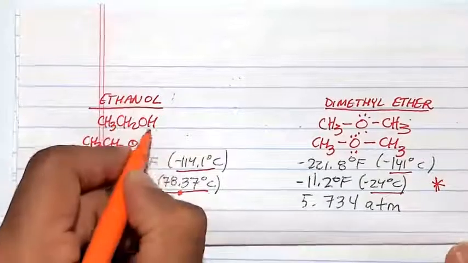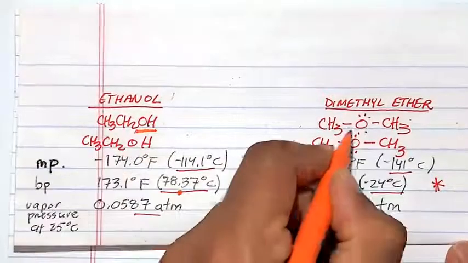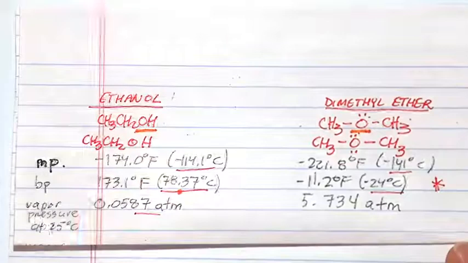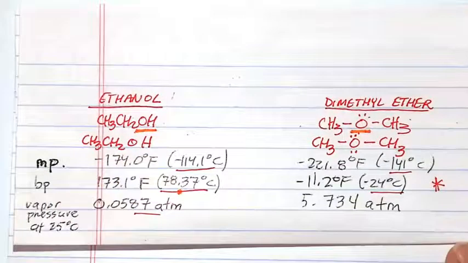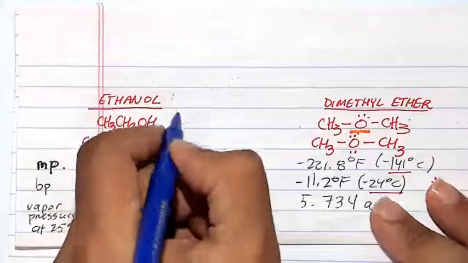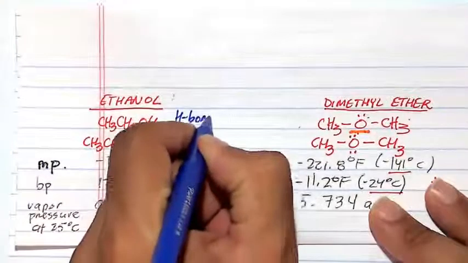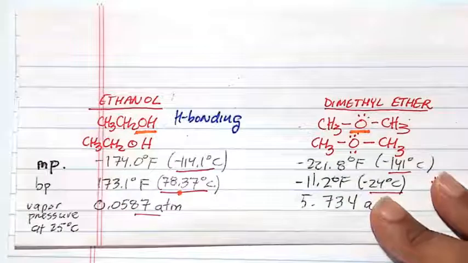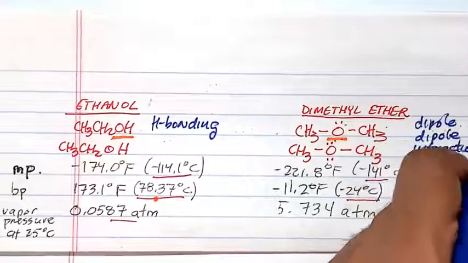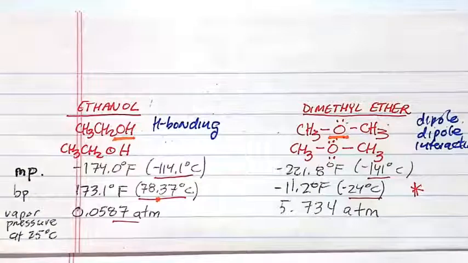Well, looking at ethanol and looking at dimethyl ether, what type of intermolecular forces binds ethanol molecules together? The answer is hydrogen bonding here. Hydrogen bonding exists in ethanol, whereas dimethyl ether has polar or dipole-dipole interactions.